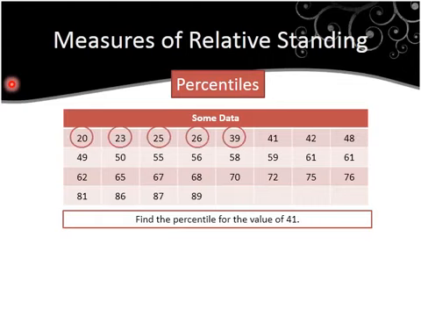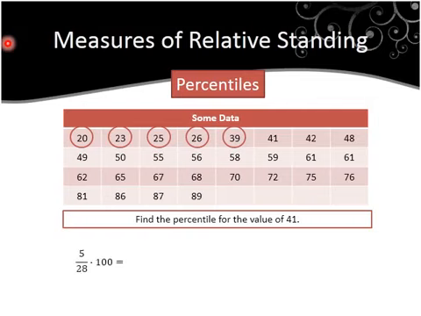So first of all, I'm going to count the number of data that are less than 41. And it's important to realize I've ordered my data from lowest to highest. If you haven't ordered your data, then who knows where 41 would fall, and you'd count up all the ones less than that. Wouldn't make any sense. So be sure to order your data before you're calculating percentiles. So I've got 5 numbers that are less than 41 in my data set.